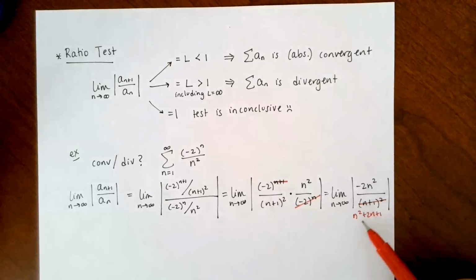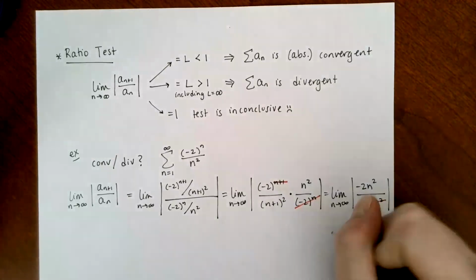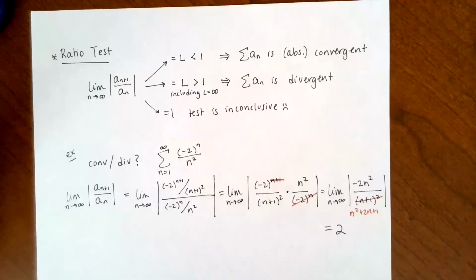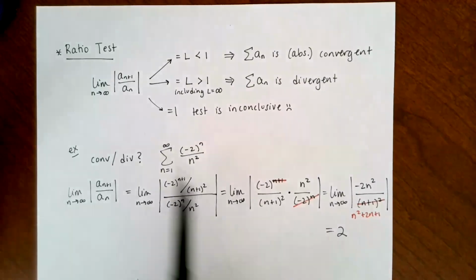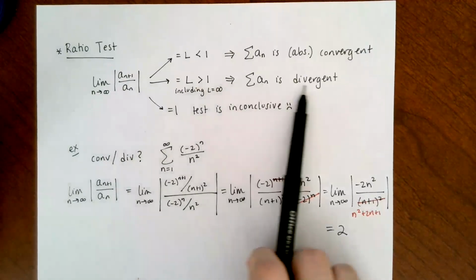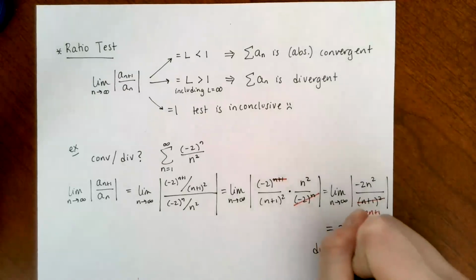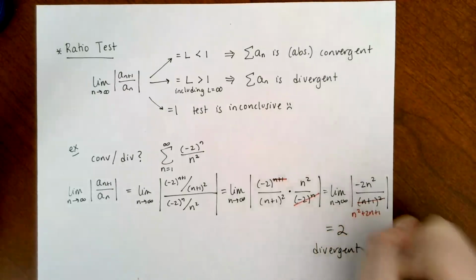So I have -2n squared over n squared. With the absolute value, it just becomes a +2. This limit is +2. Okay, and then I'll consult my ratio test. I got a number that is larger than 1. So I'll conclude that this series is divergent. And that's it.